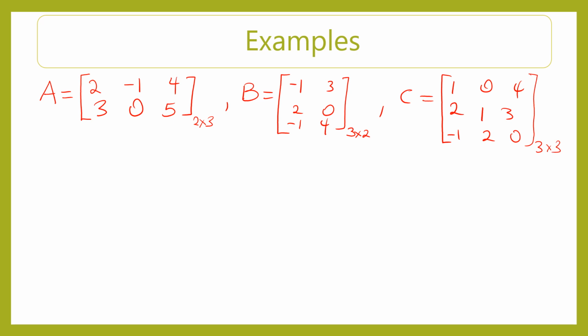And lastly, matrix D is -4, 2, 3, 1. And of course, this is a 2 by 2 matrix.